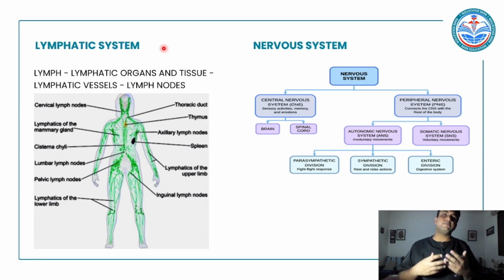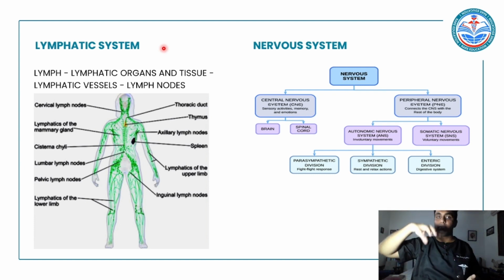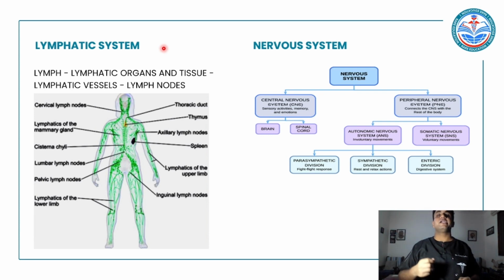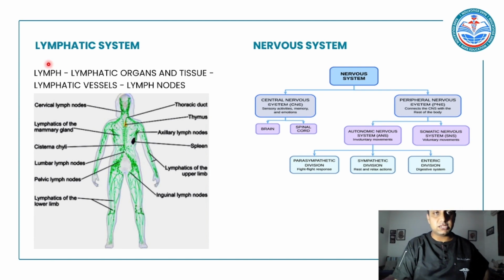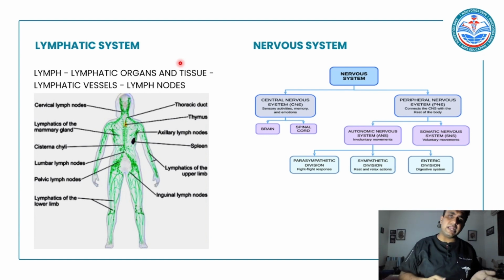So there is a system that is responsible for carrying this lymph from that place back to the circulatory system so that it can circulate once again in the whole system. It is called the lymphatic system. The lymphatic system is composed of lymphatic organs and tissues, lymphatic vessels and lymph nodes. These are basically responsible for your immunity. We'll study that in detail in pathology, but in anatomy, you just have to remember some terms like cisterna chyli, spleen, lymph nodes, thymus, bone marrow.